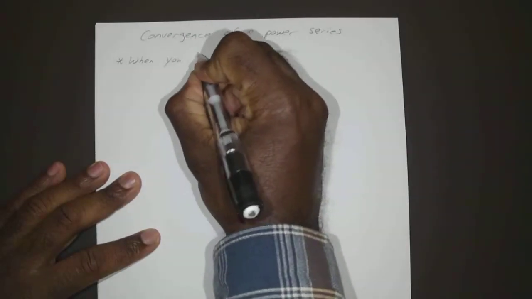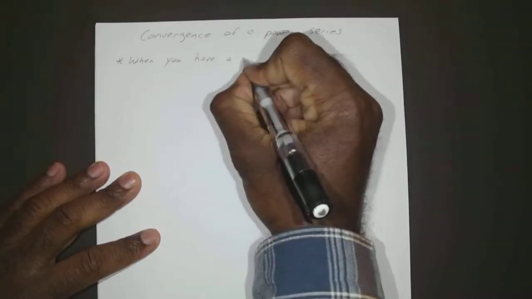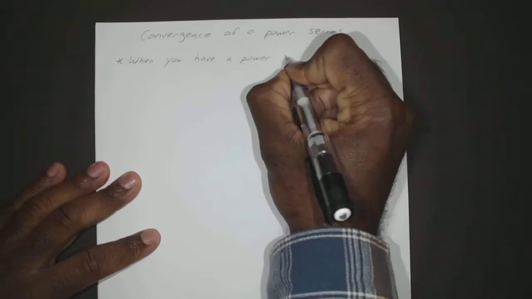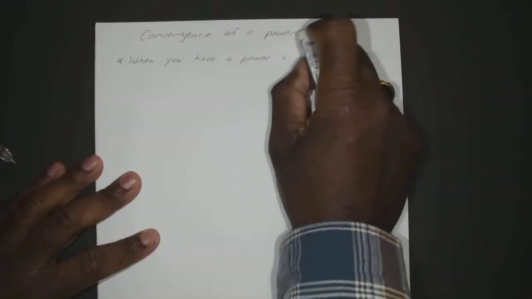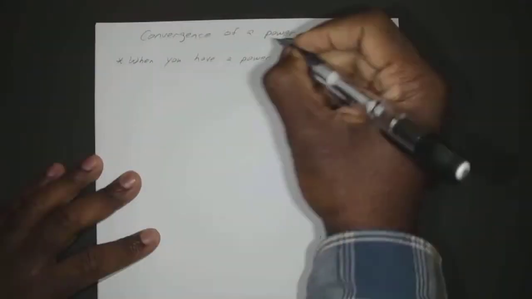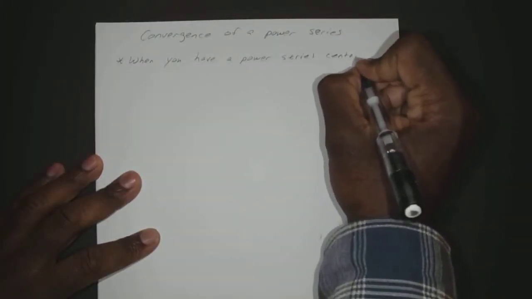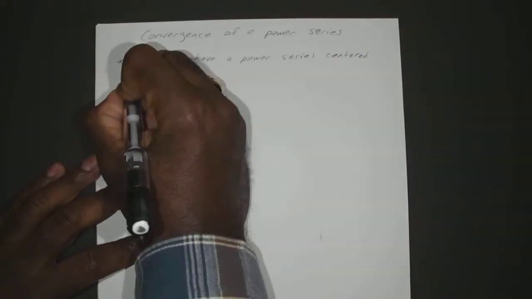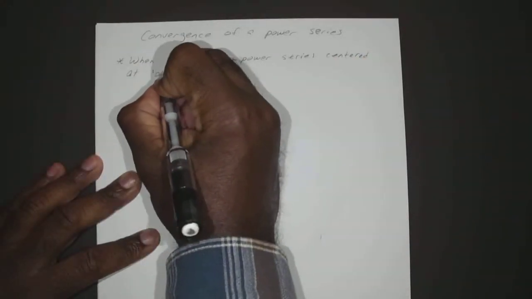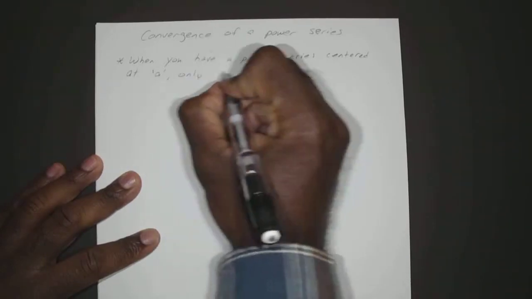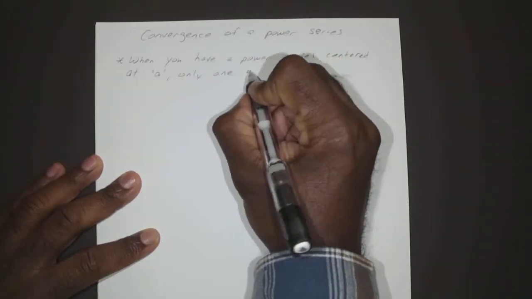So when you have a power series centered at some value a, only one of the following can be true.